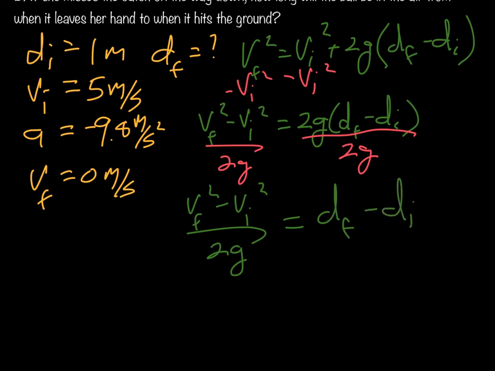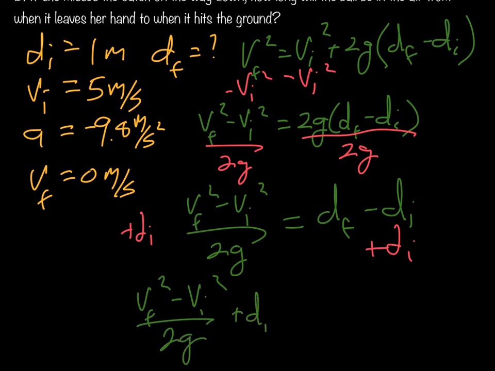So now if I need to know dF, I add dI to both sides. And so I get a final equation of VF squared minus VI squared divided by 2G plus dI equals dF.